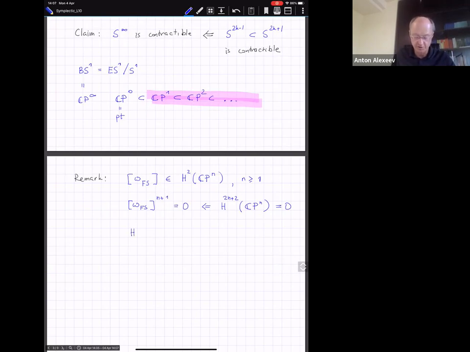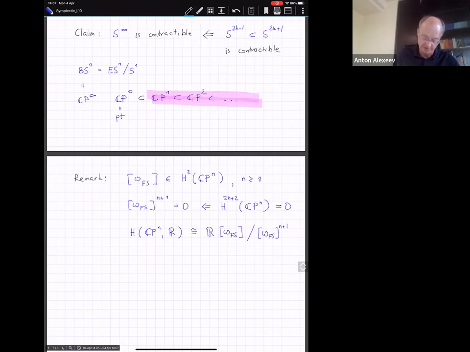In fact, more is true. The whole cohomology ring of CPn, let's say over R, we're going to be working mostly over R today, is isomorphic to R[omega_FS] divided by this relation. So that's the cohomology ring of CPn.